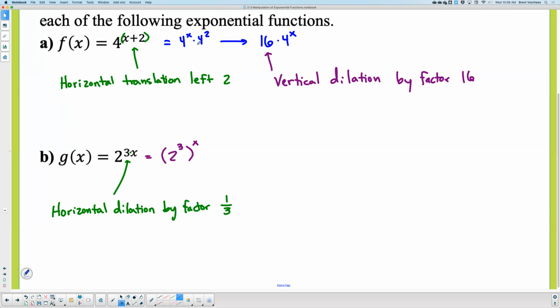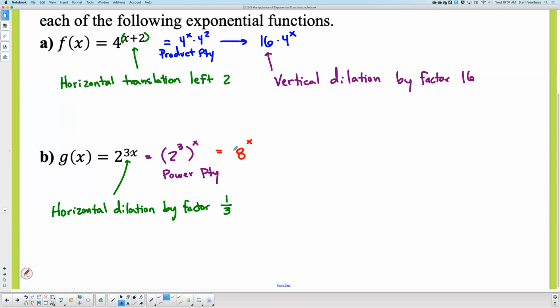What was the name of this property? This was the product property. Okay, are we using the product property this time? No. Which property did we just use right there? This one's the power property. Okay, now this I could simplify and say, what is 2 cubed? 8. So this is the same thing as 8 to the power of x.